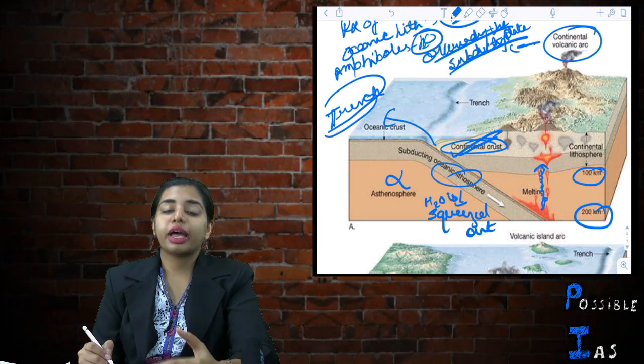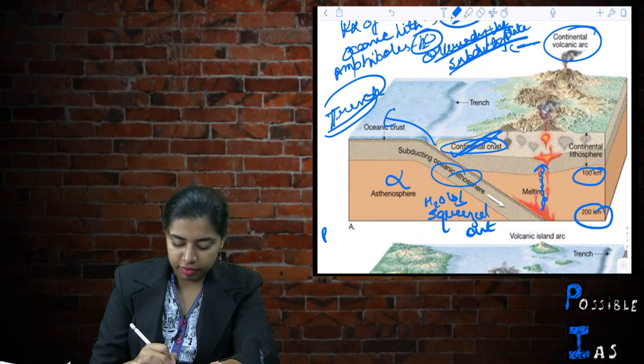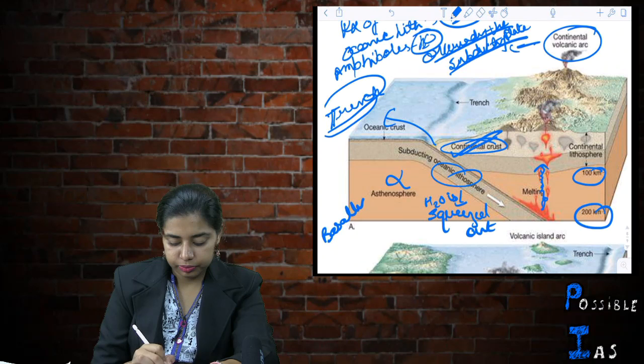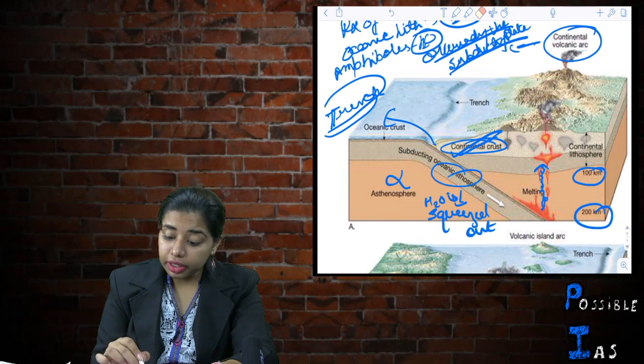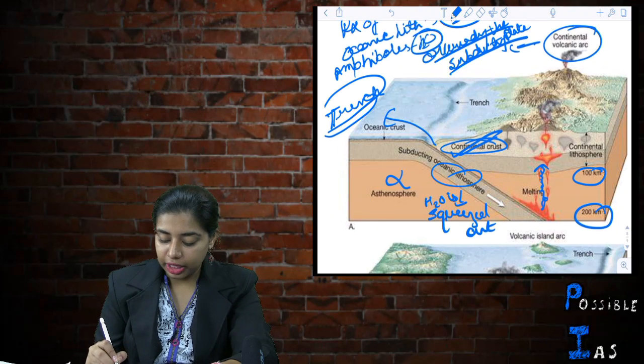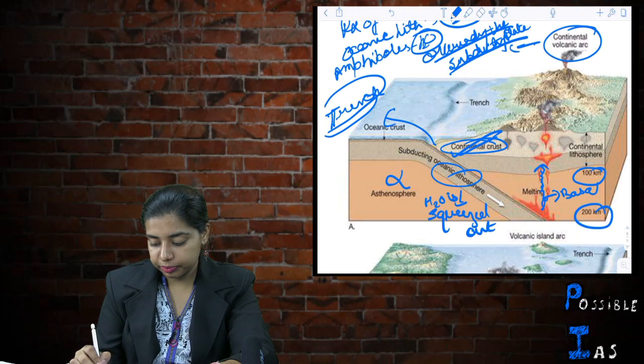When we did divergent plate boundaries, I told you that at the mid-oceanic ridge the basaltic lava comes out. Here, at this point in the asthenosphere, the lava which is formed is again basaltic.